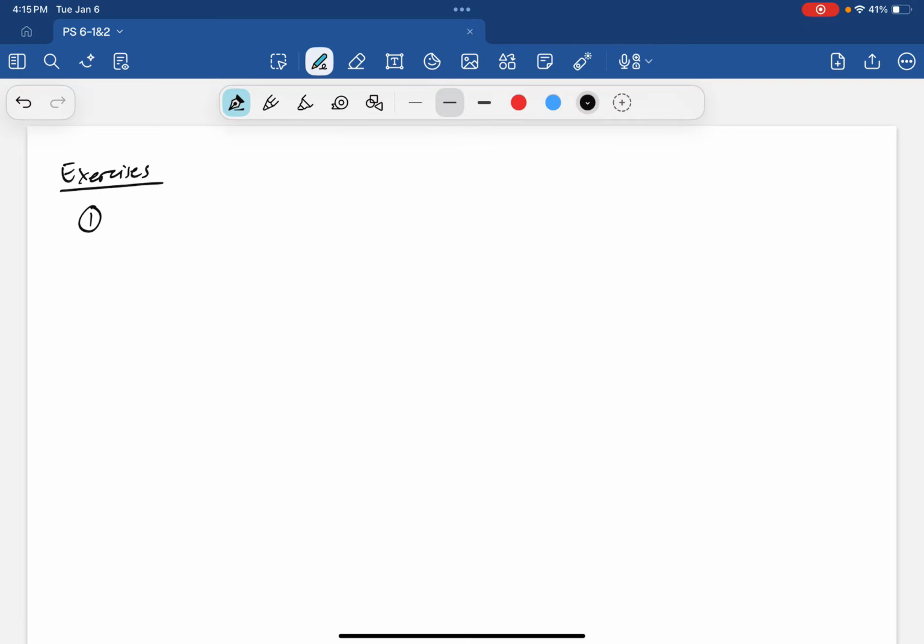So first question has us solving for c using the law of sines. So I'm going to draw the triangle CAB.